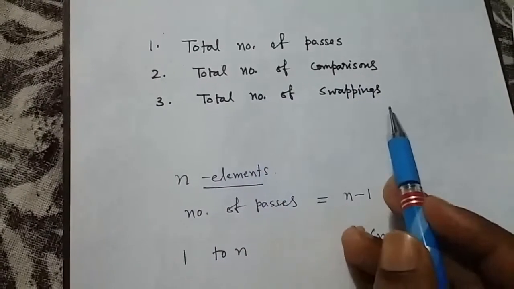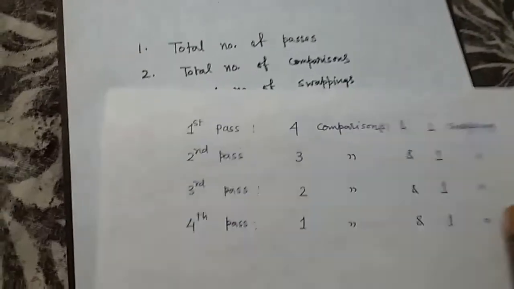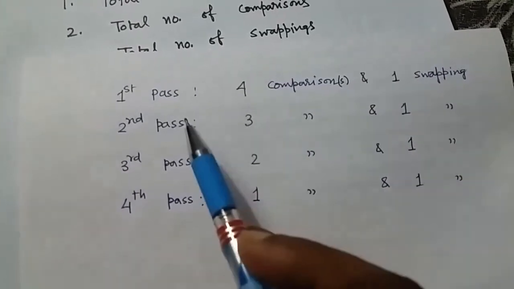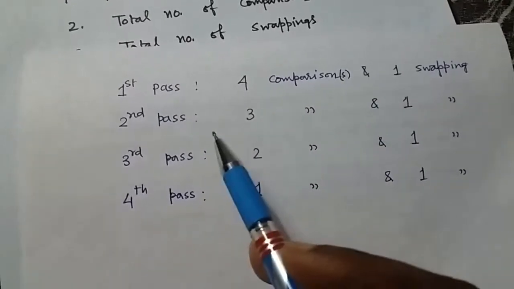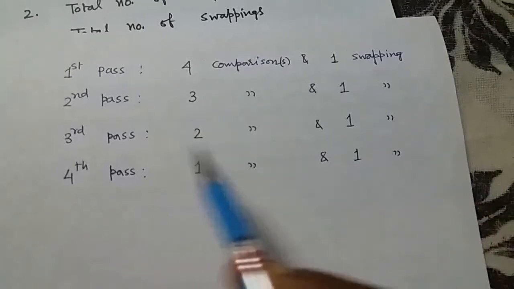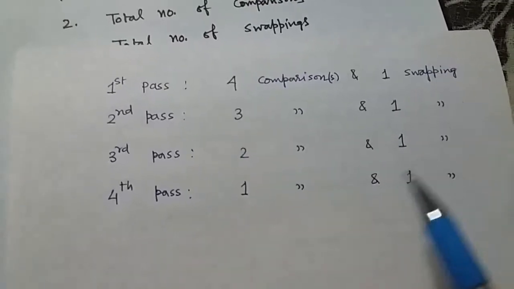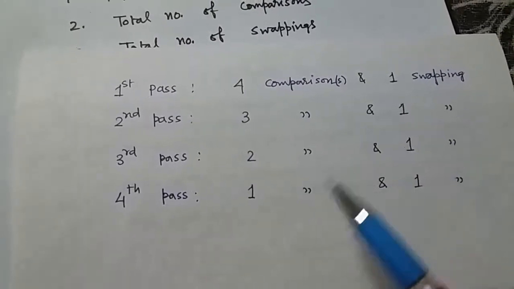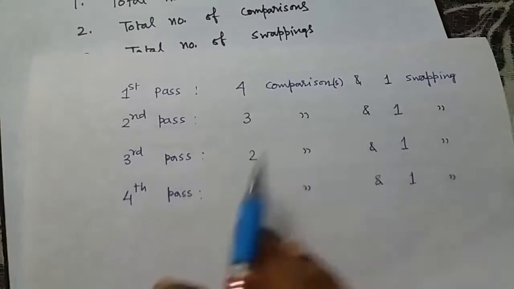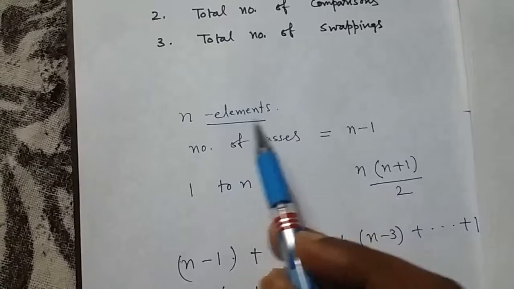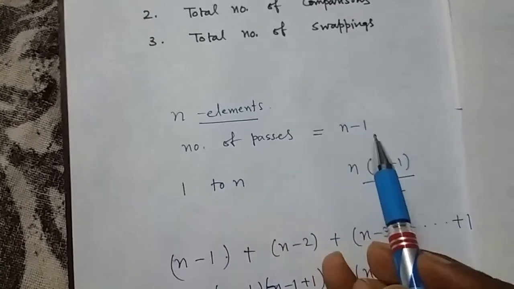Now total number of swappings. You can see in every pass only one swapping. First pass 1, then second also 1, third also 1, fourth also 1. So the total number of swappings is equal to the total number of passes, and you already know that the total number of passes in case of an array that consists of n elements is n minus 1.